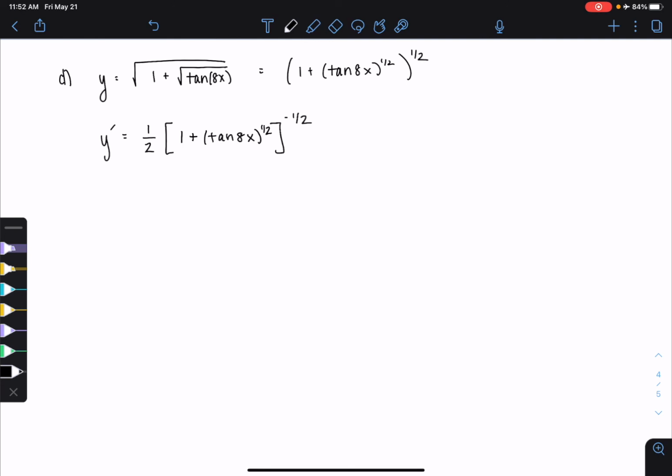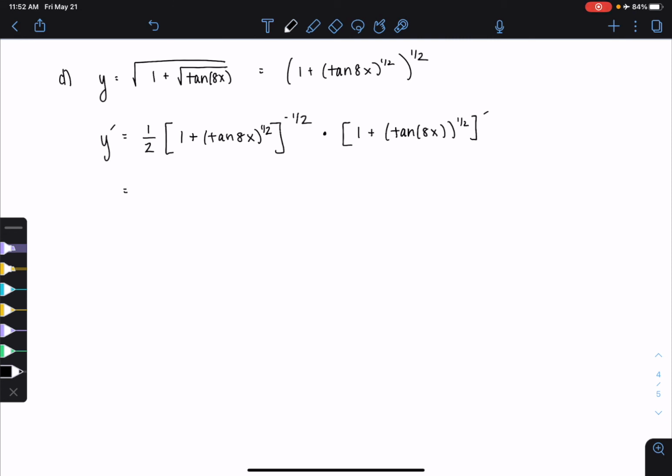The inside stays completely untouched. But our chain rule tells us we've got to pop out the derivative of the inside. So we need to multiply by the derivative of 1 plus tangent of 8x to the 1/2. That's our first chain rule within here.